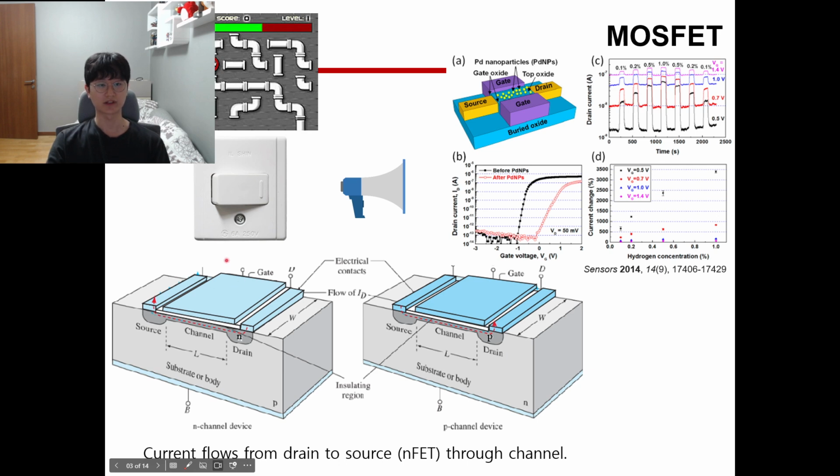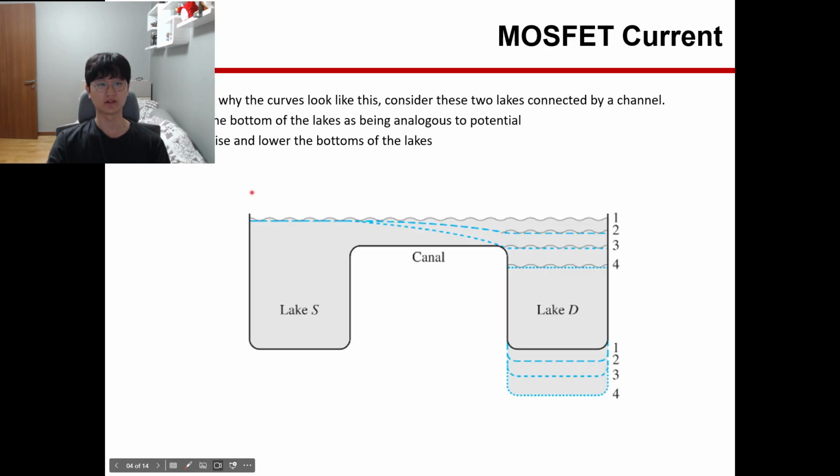And a MOSFET acts like a switch and amplifier in a circuit. This is the MOSFET current.